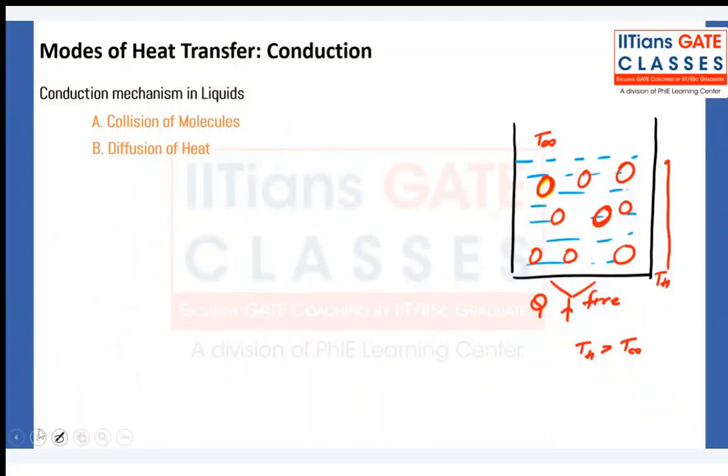They will gain energy and they will move. They will collide with the other molecules. It will collide here. It can also go here. This can also go here. So first of all, it is colliding with the other molecule. The molecules closer to the higher temperature layer get energy, go to a higher energy state, move and collide with other molecules. So this is the first phenomenon.